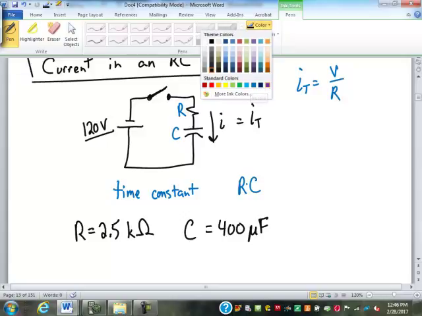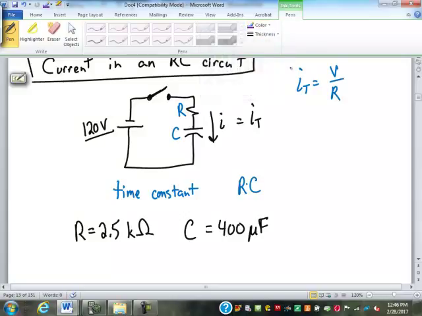To get up to a millifarad is actually a pretty high capacitance. So let's see, find the current at T equals, what do I want to put in here? Let's say 30 milliseconds.